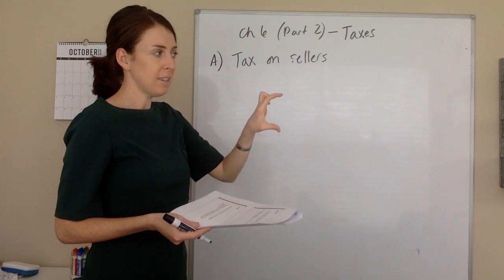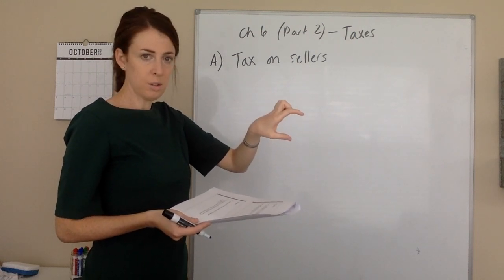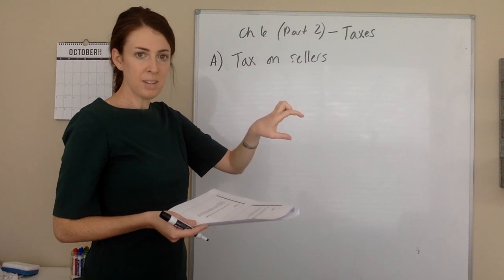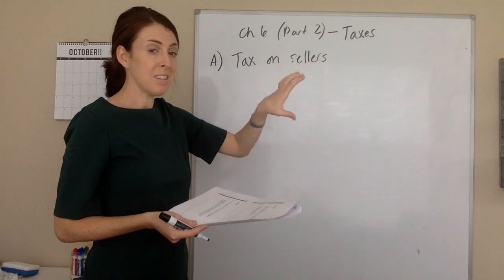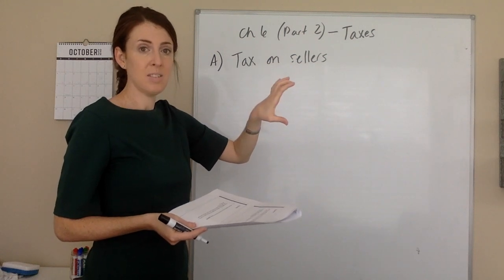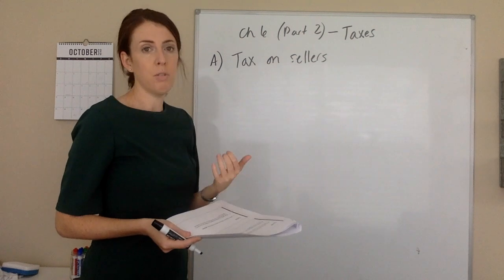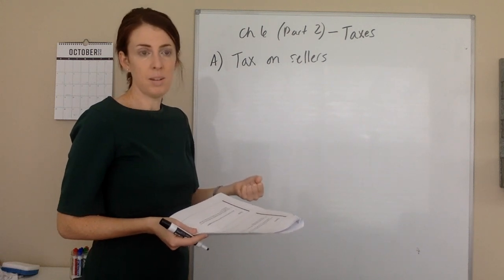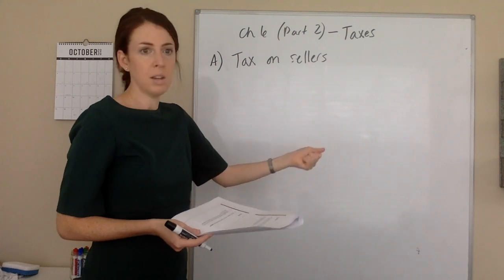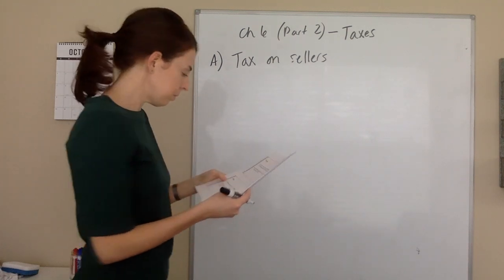So they're just going to take the sticker price underneath the Coca-Cola display, and whatever the current price is, they'll make it 10 cents higher. They're going to raise the sticker price by the amount of the tax, so that when they get that whole amount from the customer, they can take off the 10 cents the government is asking for, give it to the government, and keep their remaining amount.